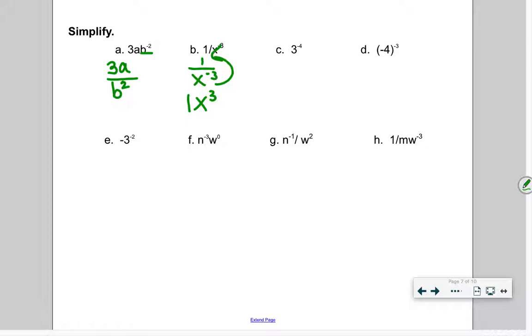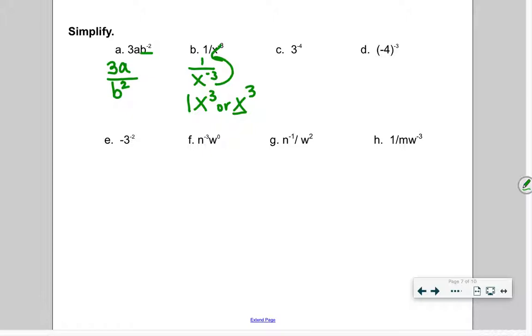Do I have to have the 1 being multiplied next to it? No, because it's the identity property of multiplication. So both of these are correct answers: 1 times x to the 3rd power or x to the 3rd power. Which way do you suppose you're probably going to see it on the answer key? You're going to see it without the 1 because it's the identity property of multiplication.